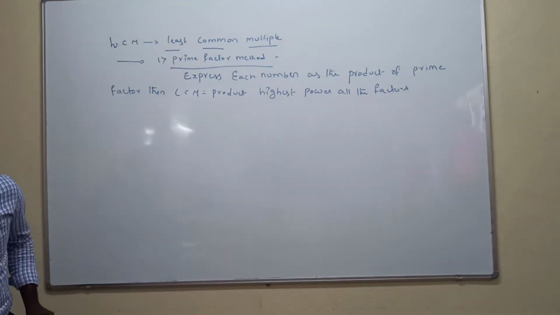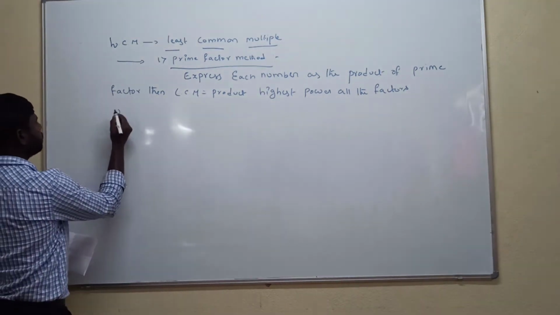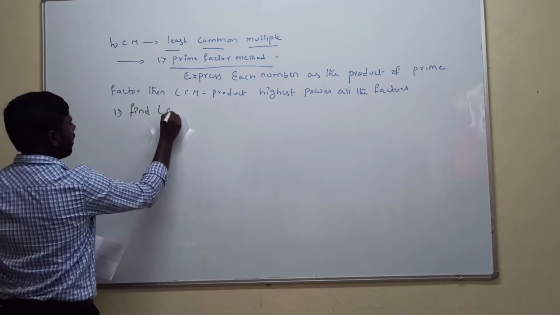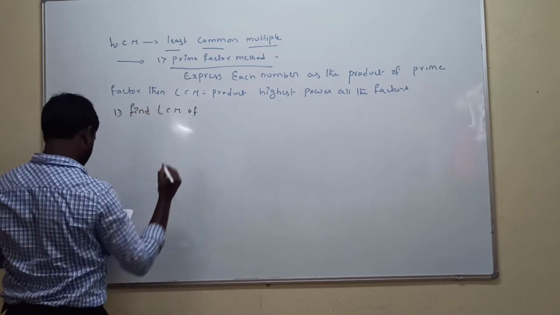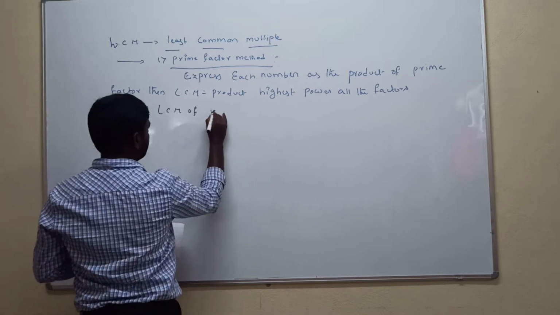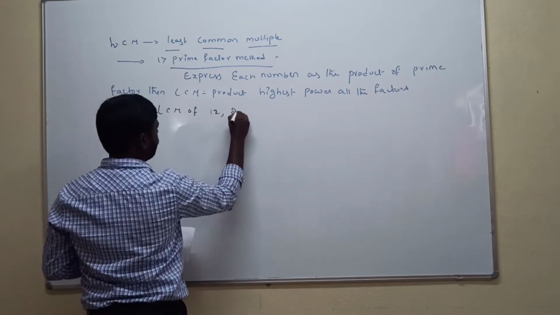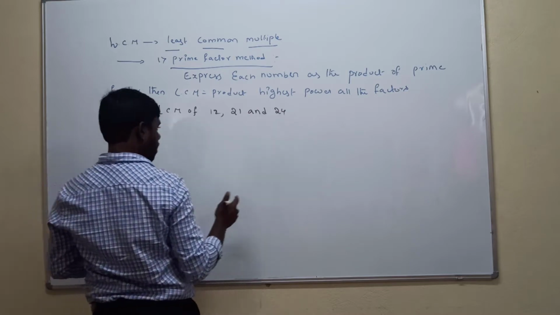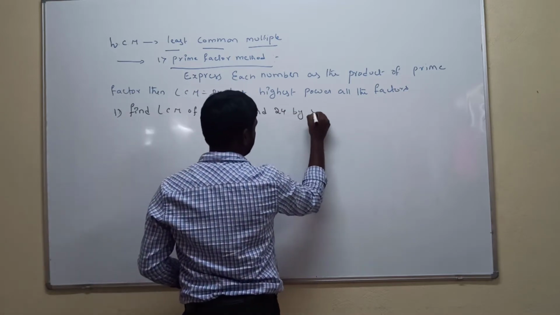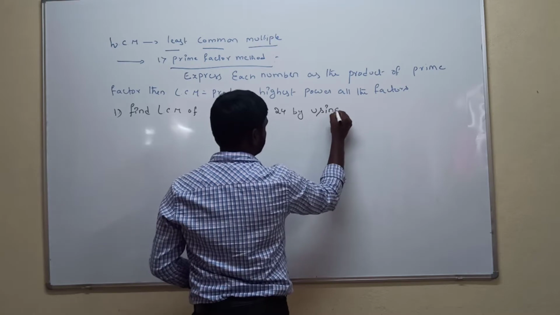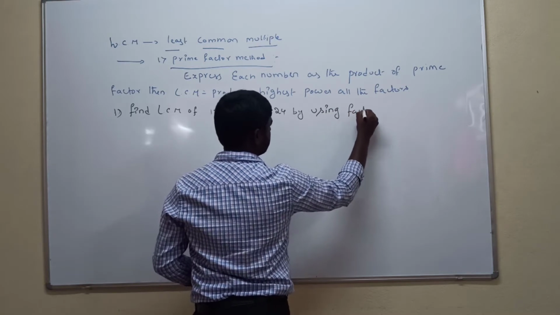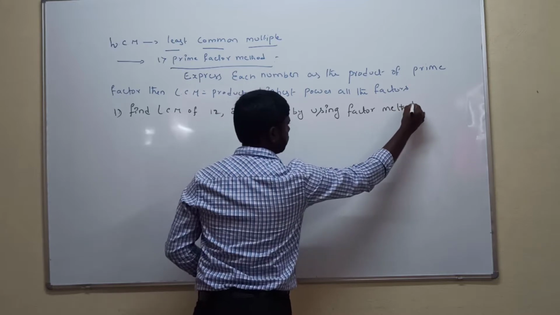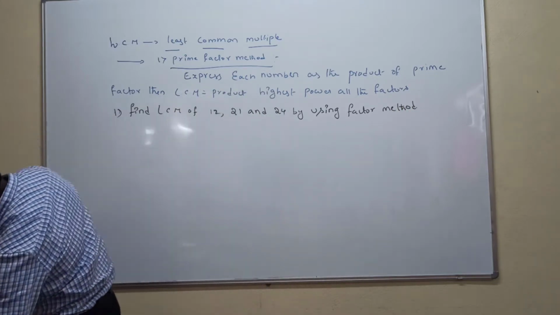The first question is: find the LCM of 12, 21 and 24 by using the prime factor method. Listen carefully.